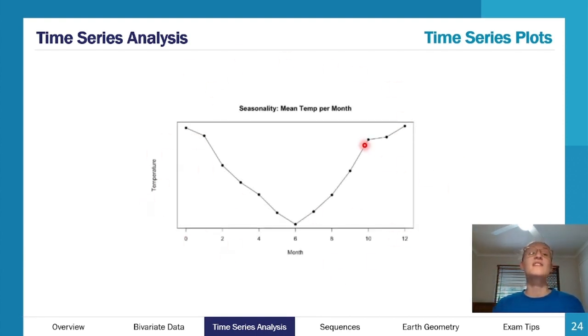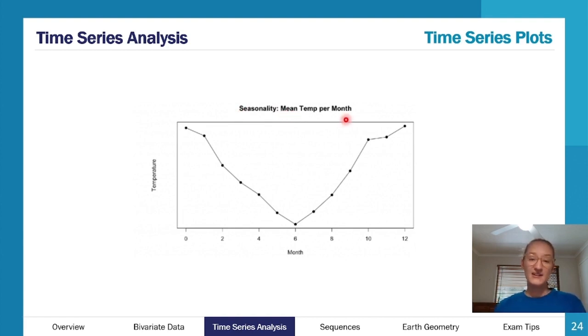So time series plots are very similar to scatter plots. We're still graphing bivariate numerical data, but our explanatory variable, which is always graphed down the bottom, must always be some measure of time. And here, that's by months. So January, February, all the way through all of the months. This is actually a specific example of seasonality, which we'll get to in a second.